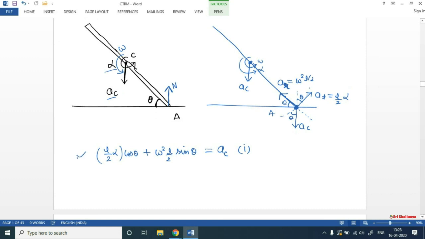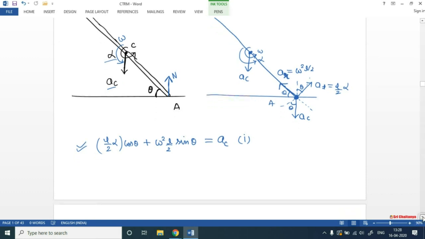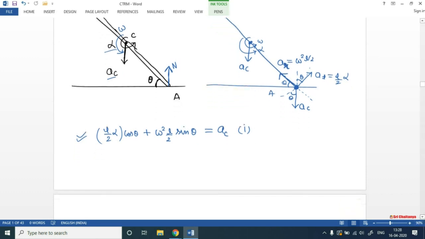One equation is the constraint equation; the other two we can write, one would be the equation of force and the other would be the equation of torque. So mg force is acting in the downward direction. This equation we can write in the vertically downward direction. That would be mg minus N is equal to mass times the acceleration of the center of mass. So this is equation number 2.